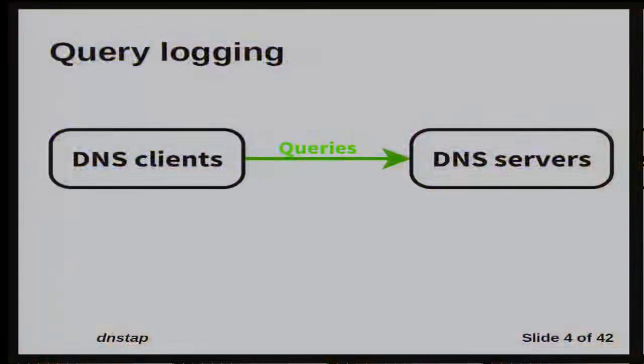And we zoom in on this DNS overview, and we focus just on the queries between clients and servers. It's going to be between a stub resolver and a recursive server, or between a recursive server and an authoritative name server. And in that case, the recursive server can function as both a client and a server.